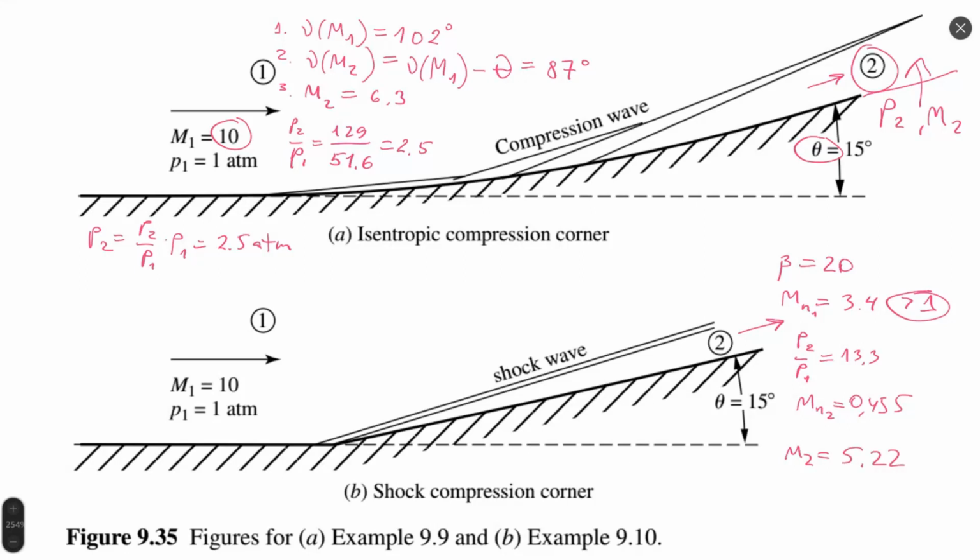Okay, Mach number looks like it corresponds to case A. We have 5.22. In case A, we had 6.3, so it's close. But pressure, unfortunately, does not correspond. I would like to go to this example in the book and see where is the source of my error.